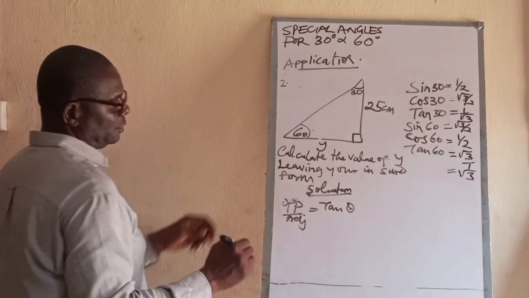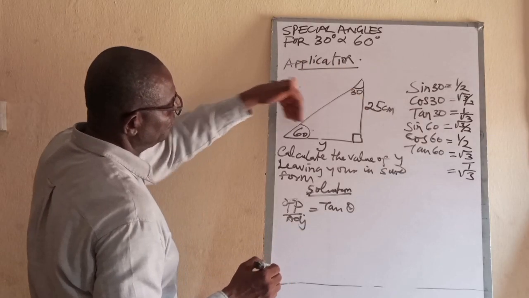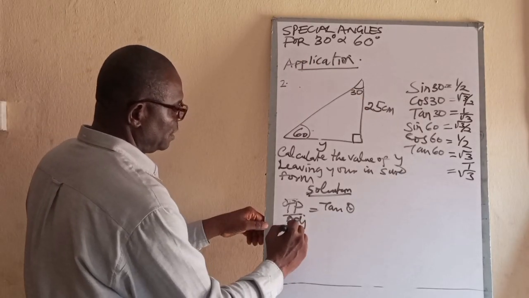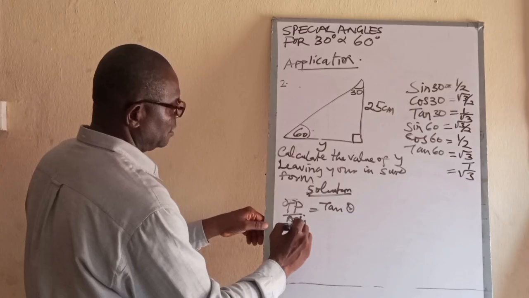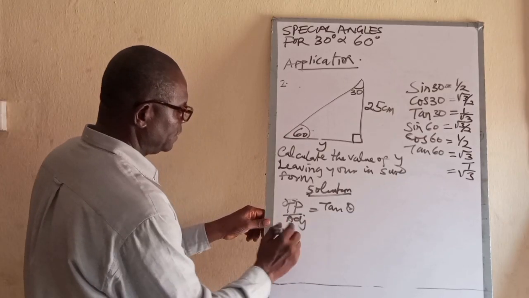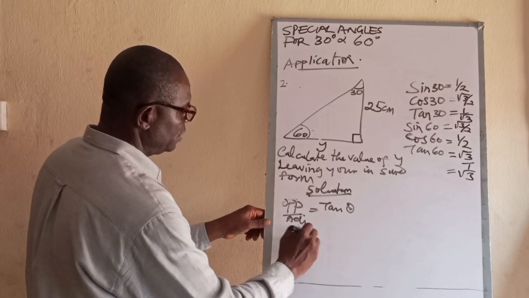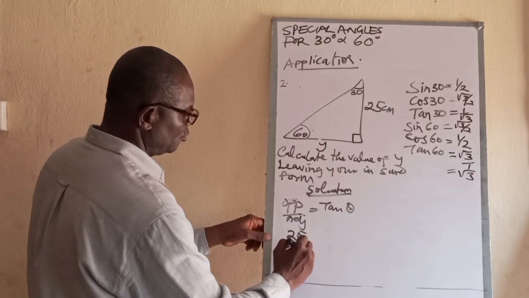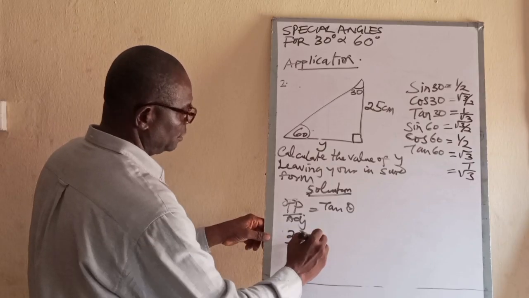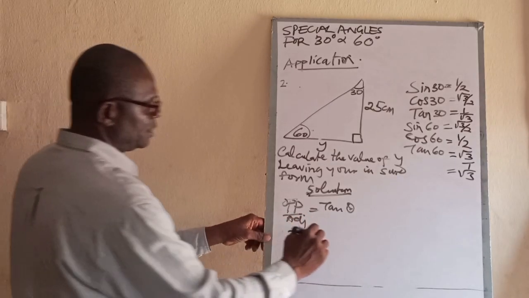Very good. And what is our opposite here? This is the given angle. So opposite is 25. Opposite over adjacent, which is y, is equal to tan 60.